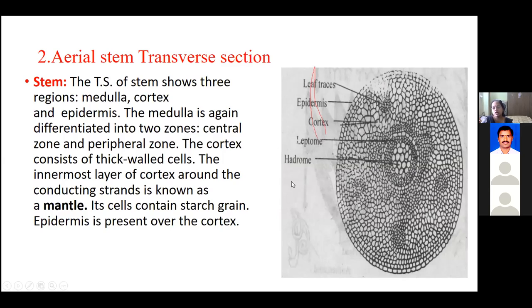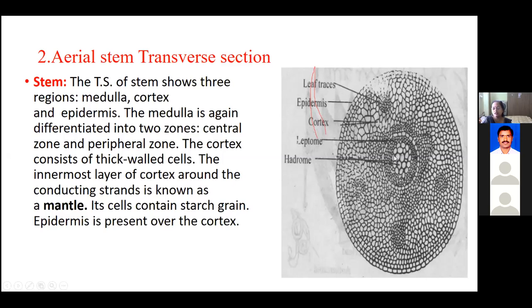Okay, so now you can see here, the medulla is again differentiated into 2 regions, that is the central region or the central zone and the peripheral region. So here also you can see the presence of the conducting strands, what we call the hydrome and the leptome. And apart from that, we can also see the innermost layer of the cortex.